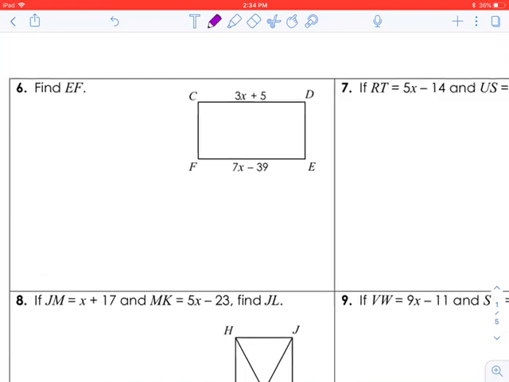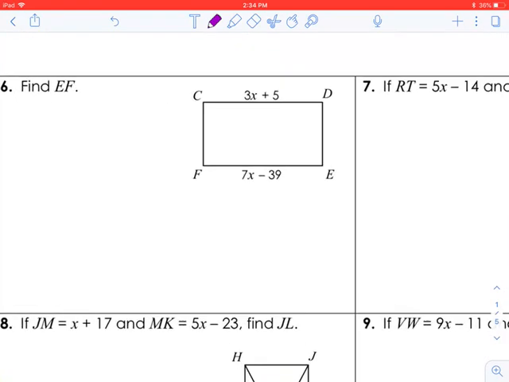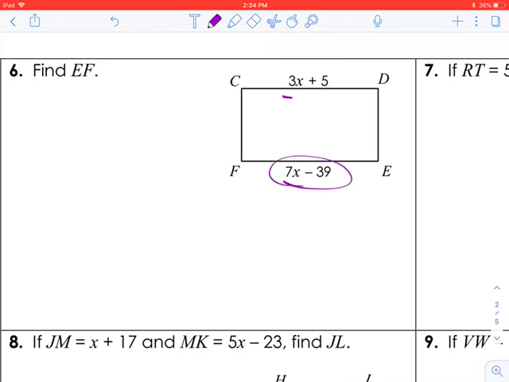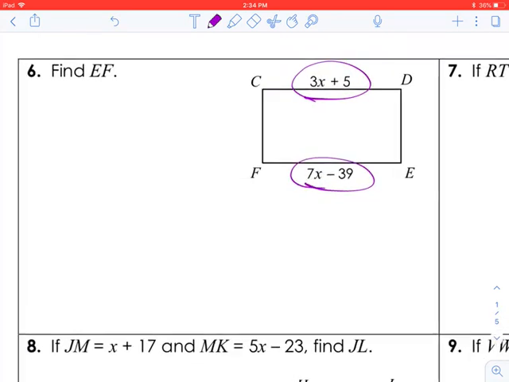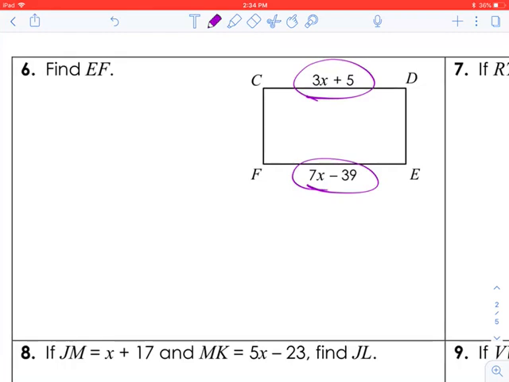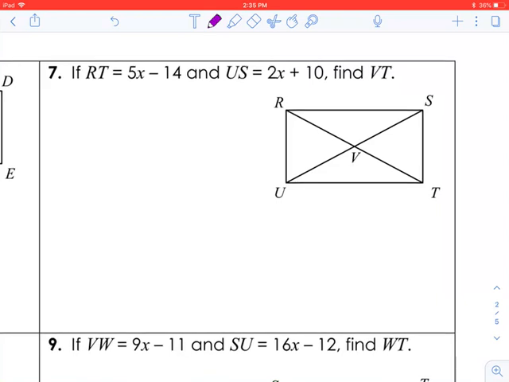Okay, so for these other examples, kind of depends where they're at. Okay, opposite angles, we would set these equal to each other to solve for x. But just make sure we're plugging back in to find the rest. Okay, same thing here. RT is the diagonal, so is US. So those should be equal.